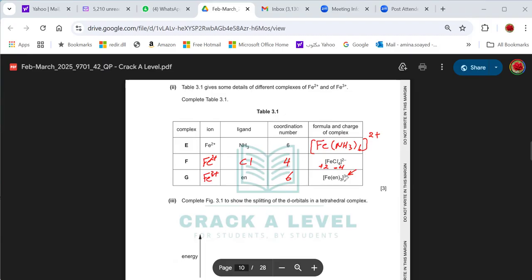Since it is bidentate, it donates lone pairs of electrons through 2 nitrogen atoms. You remember that the ethylene diamine has this structure. This means that it can donate 2 lone pairs to the metal ion instead of only 1. So that's why it's called bidentate. And since we have 3 of them, there will be a coordination number of 6.